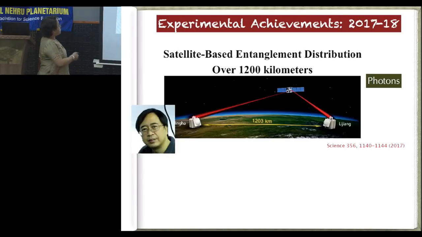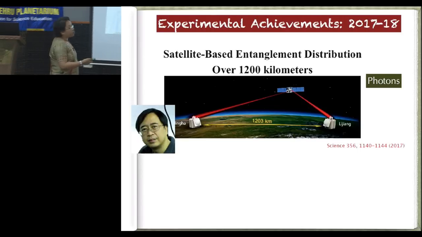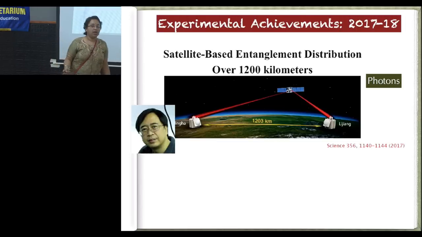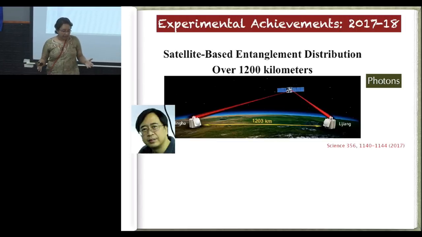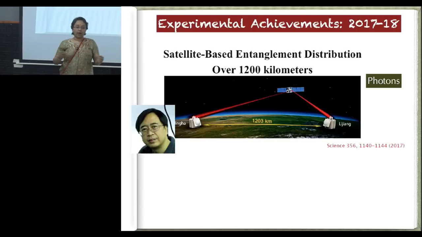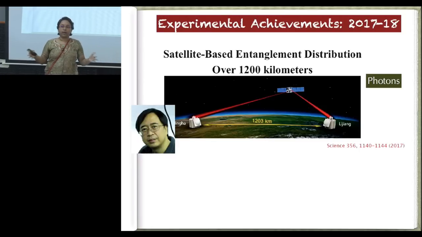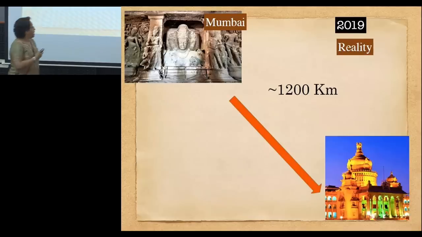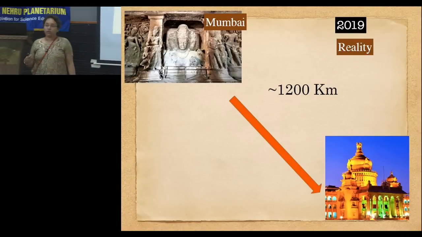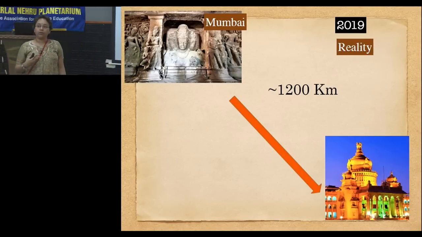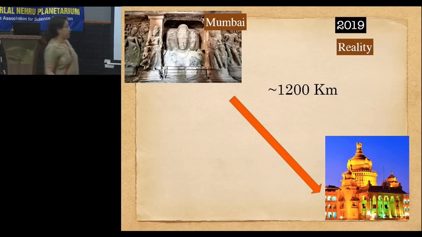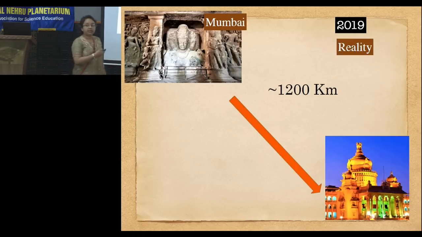This was led by Pan's group, and it is a kind of breakthrough in quantum communication, where they show that they can perform a quantum communication experiment over a large distance, which now makes it possible to do a teleportation experiment between Bangalore and Mumbai, for example. So this is now a reality.